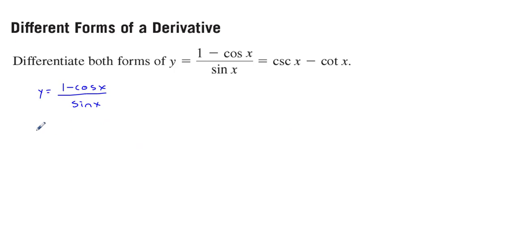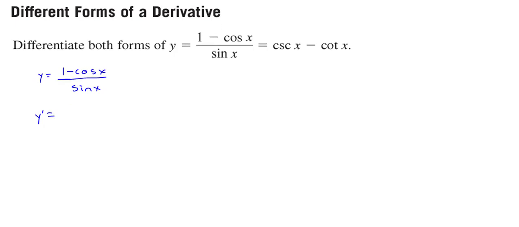Let's find the derivative. All right, what particular rule or method do we have to use to differentiate this function? Quotient rule, okay. Low, sine x, times d high. The upper function is two terms. What's the derivative of the first term? 0. What's the derivative of the opposite of cosine?